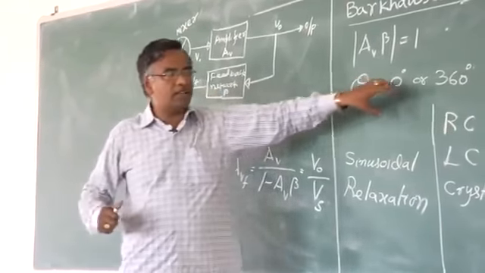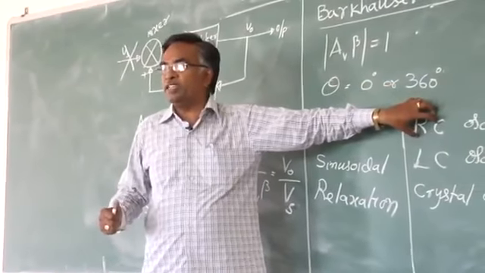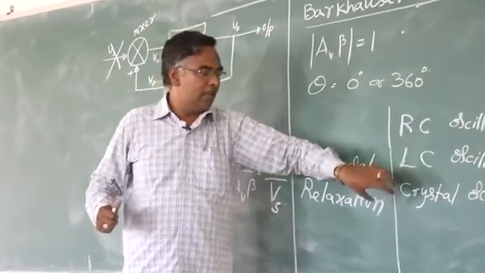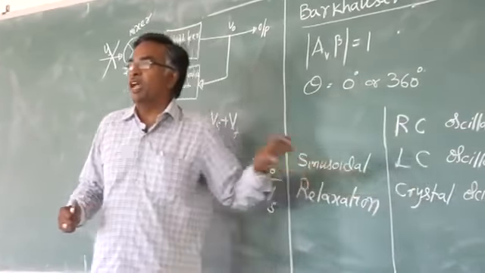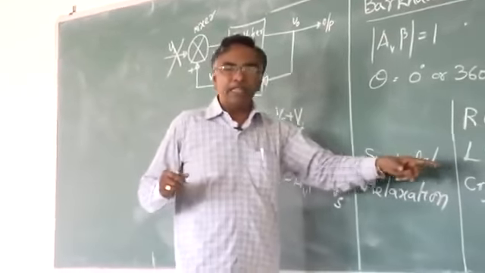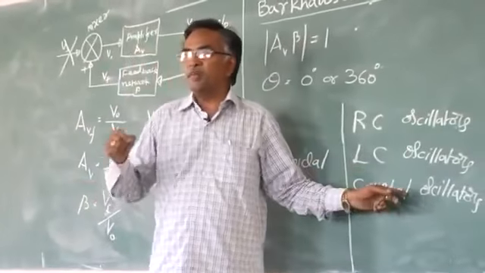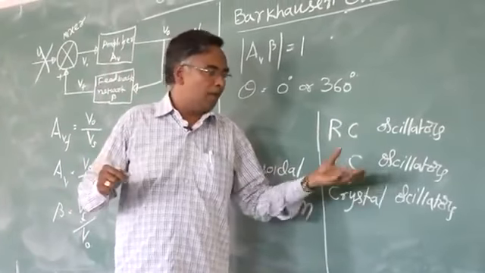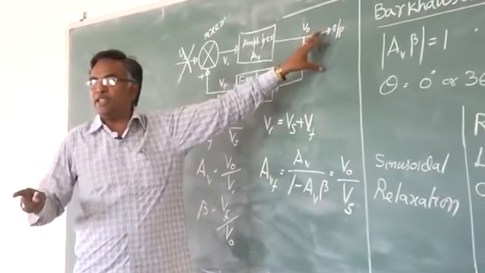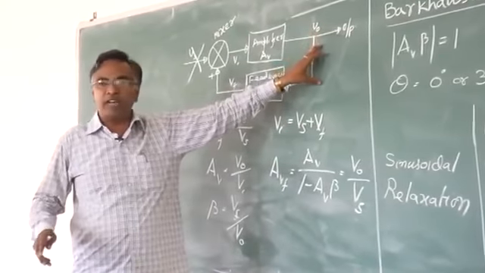RC oscillators produce low frequency oscillations, and LC oscillators produce high frequency oscillations. A crystal oscillator also produces high frequency. Out of these three oscillators, the crystal oscillator is the highest stability oscillator. The meaning of highest stability is that once this oscillator generates a signal, its frequency remains constant irrespective of change in the surrounding conditions.